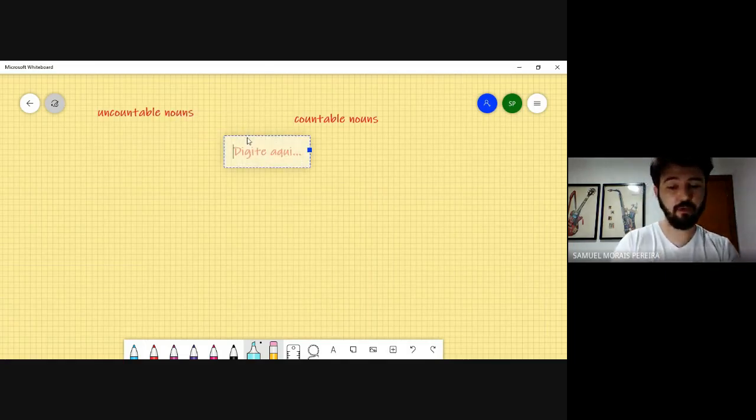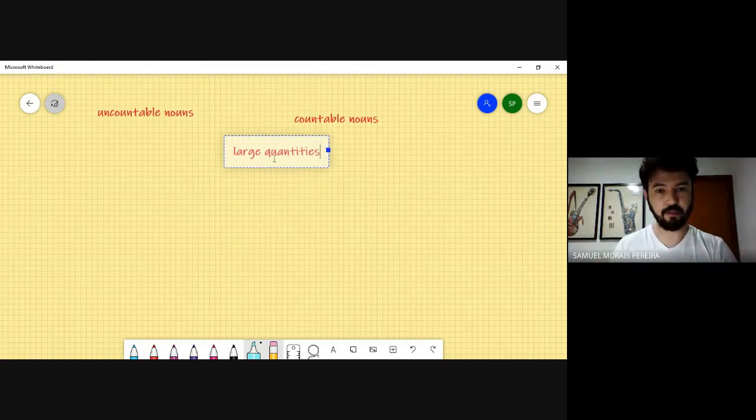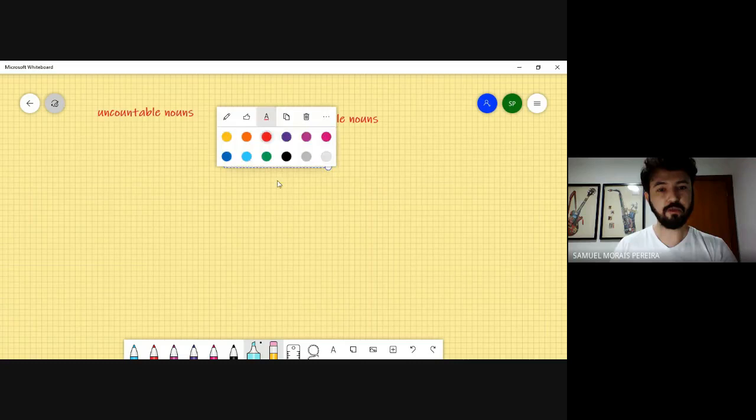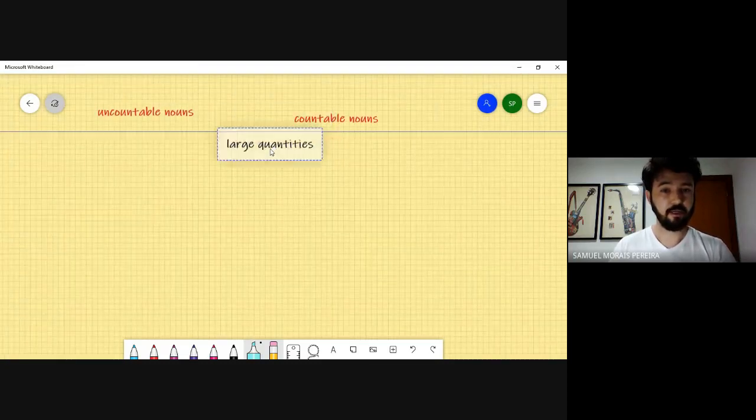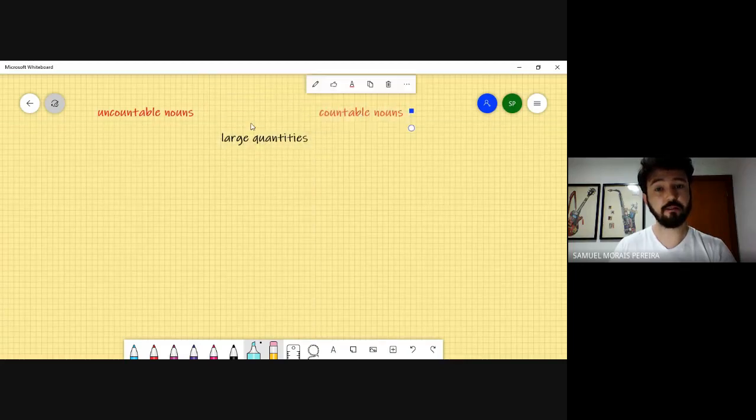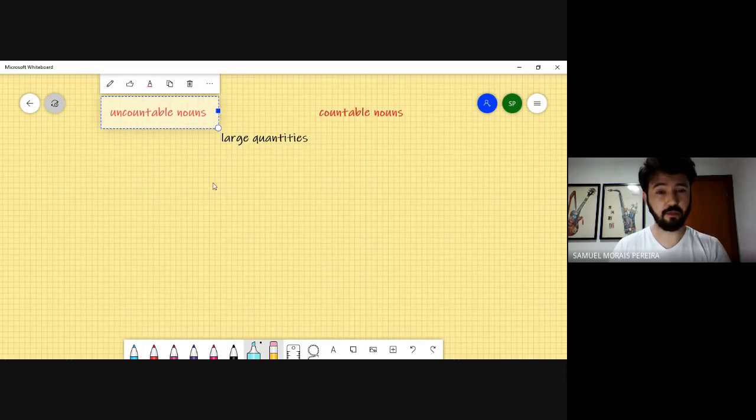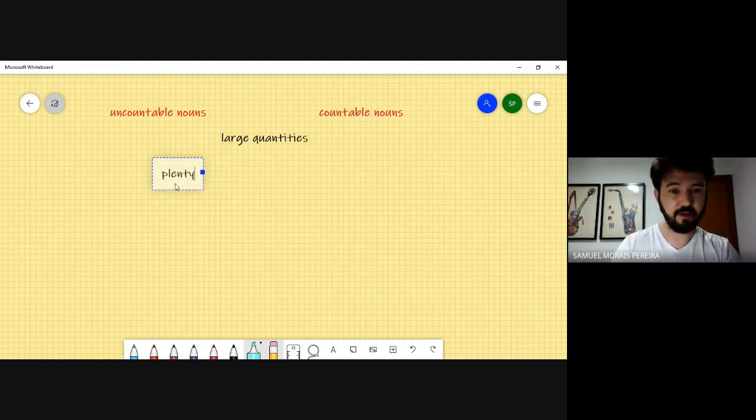So when we are talking about large quantities of things, okay, we can use words like many, much, a lot of, okay? But we also have other words and phrases that we can use, okay? So for example, when we are talking about large quantities of things, we can also use the word or phrase, eu tô falando de phrase quando eu me refiro a plenty of alguma coisa, tá bom?